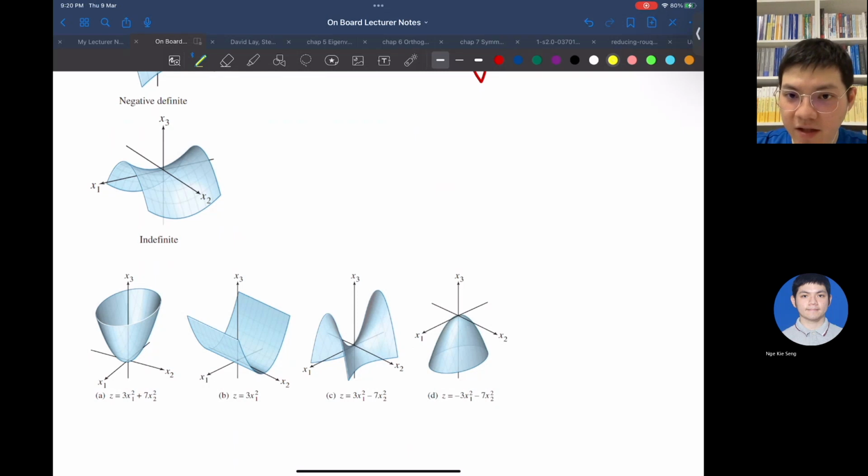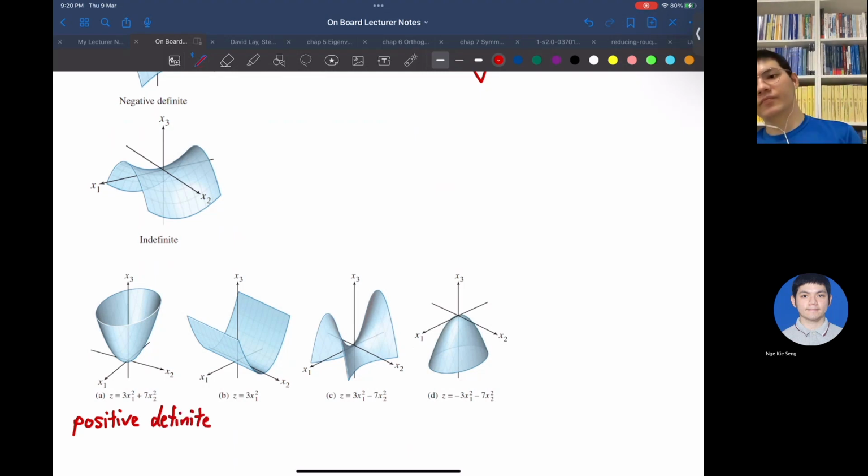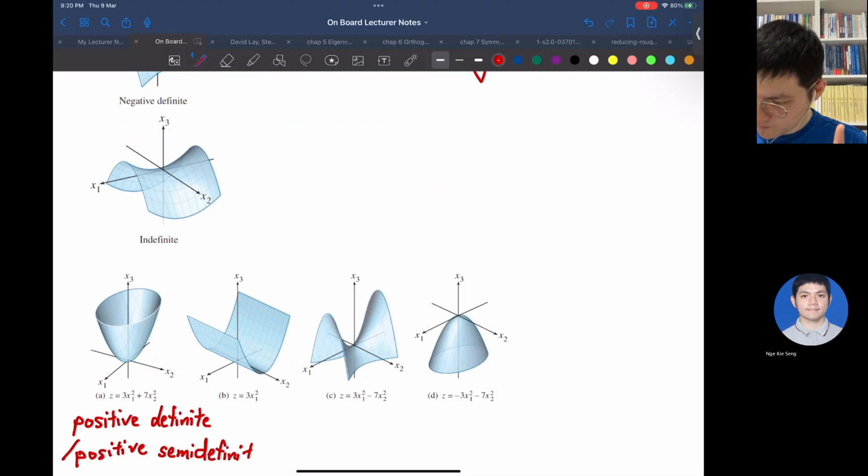It is actually positive definite, by the theorem we have proven just now. Okay. And it is also positive semi-definite. All right.